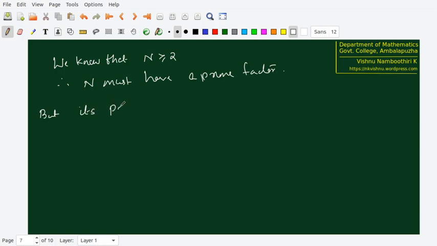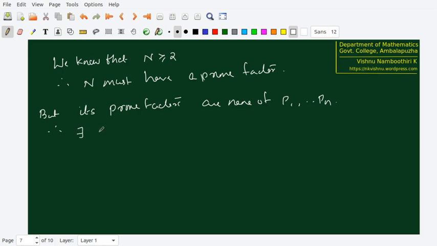So, N must have a prime factor, but its prime factors are none of P1, P2, etc., Pn. That means that N has a prime factor different from P1, P2, etc., up to Pn.